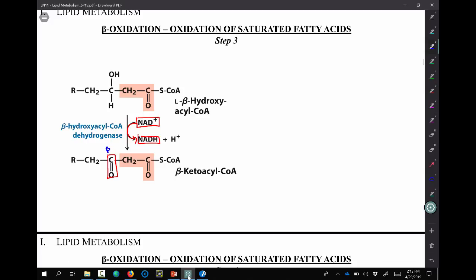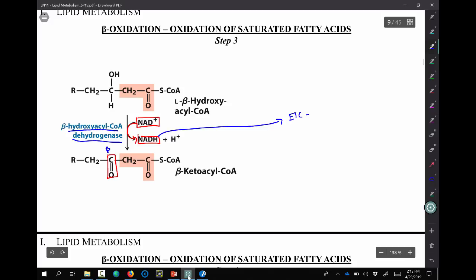That carbon is much more oxidized than it was at the beginning of our process. The enzyme that does this is beta hydroxy acyl-CoA dehydrogenase. Essentially, it's the substrate's name plus dehydrogenase. This NADH then can go on to the electron transport chain, specifically complex 1.